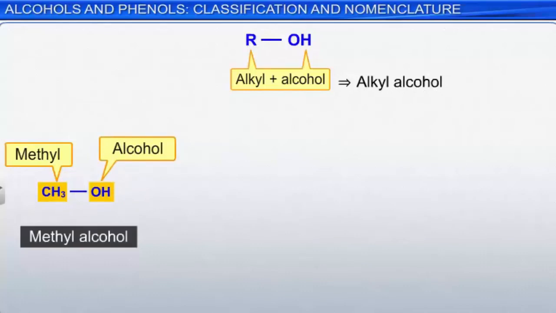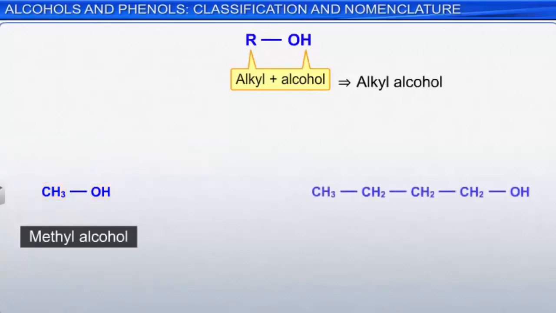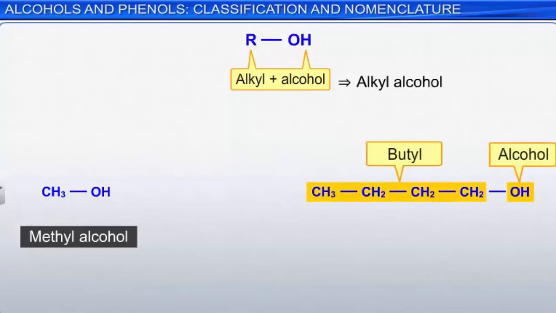It contains only one carbon, which corresponds to a methyl group. The molecule on the right has a 4-carbon chain in a straight line. This corresponds to n-butyl alcohol, where the n indicates an unbranched carbon chain.